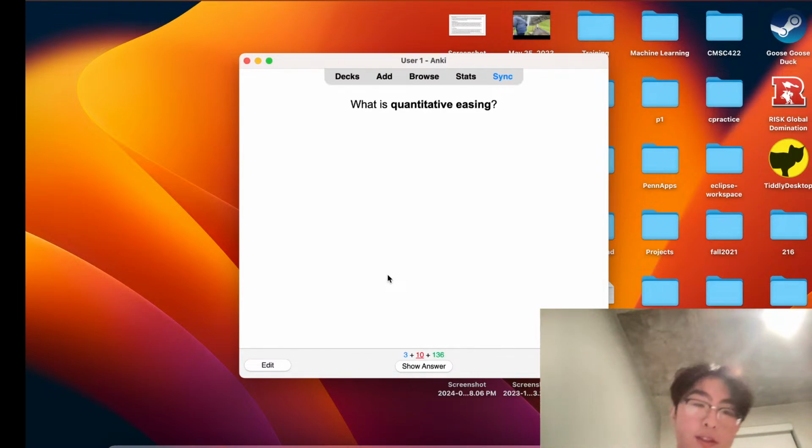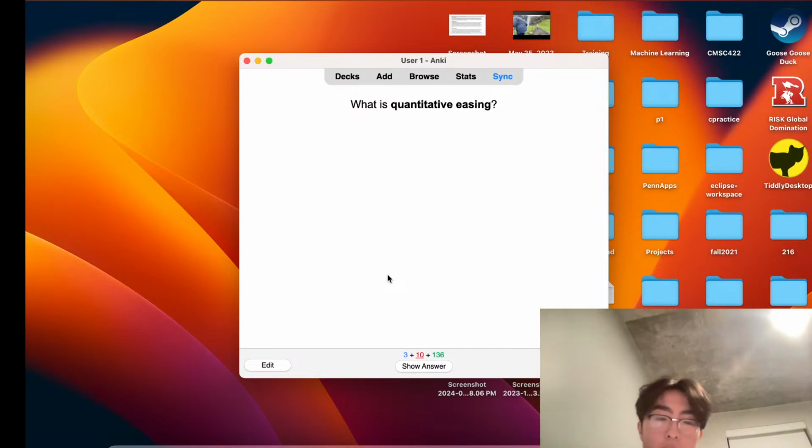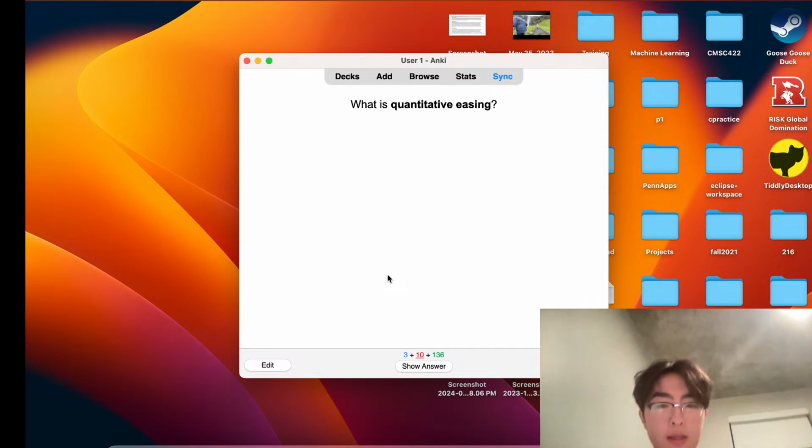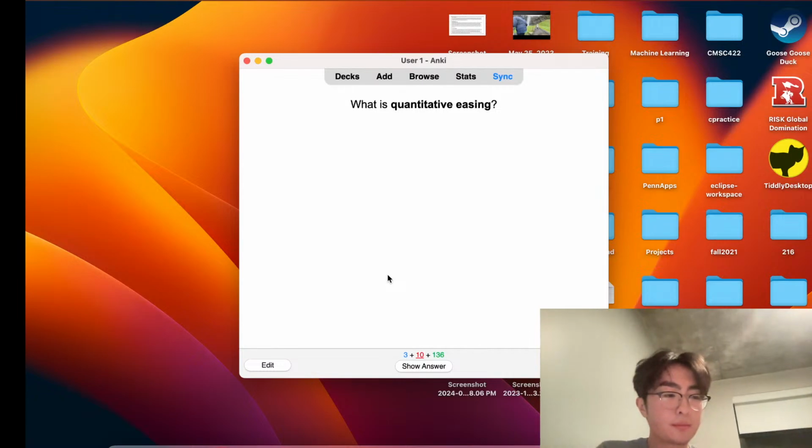What is quantitative easing? Okay, so quantitative easing is a type of strategy used by the central bank to inject more money into the economy and artificially lower long-term rates, I think. Central banks go into the markets and buy a lot of long-term maturity securities.